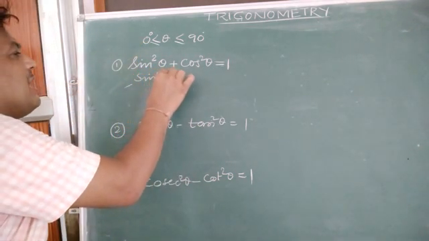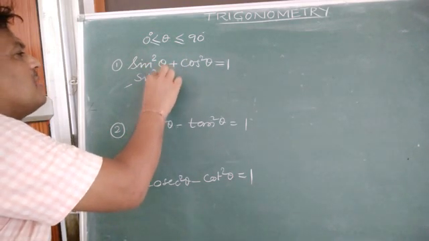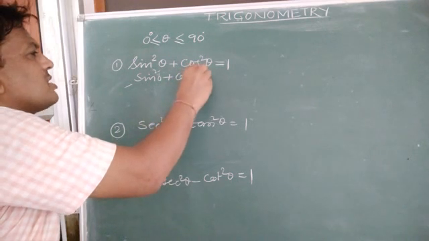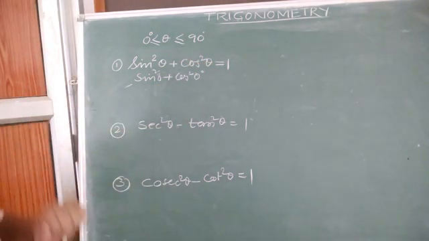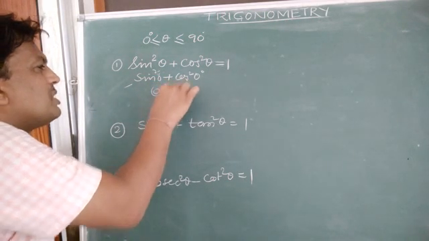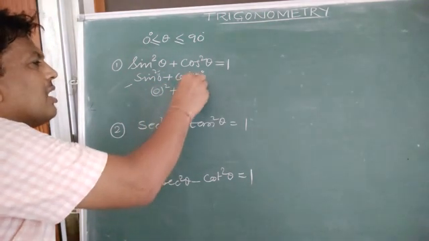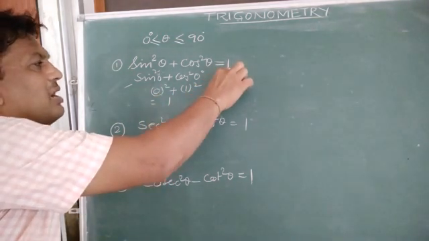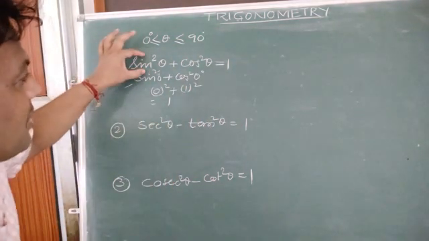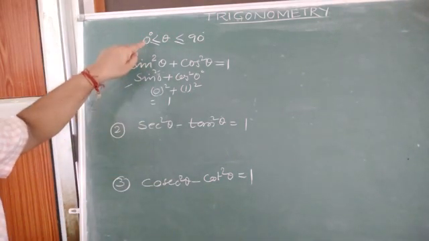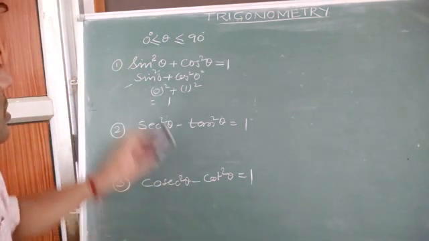Sin square 0 degree plus cos square 0 degree. Sin 0 is 0, so square of 0, plus cos 0 is 1 and its square. 0 square plus 1 square, that is 1. 1 is the right hand side, which means left hand side equals right hand side. That is, this equation holds good for theta equal to 0.